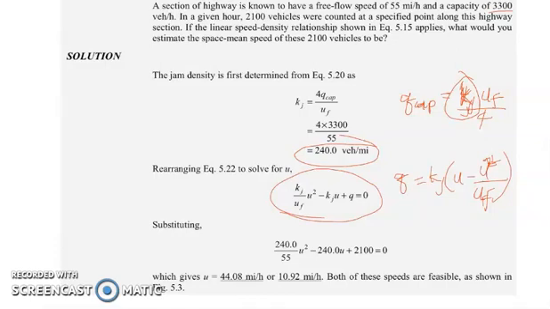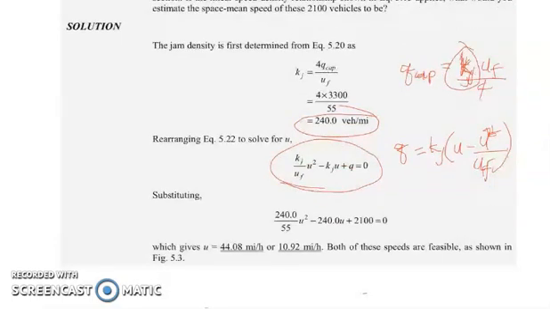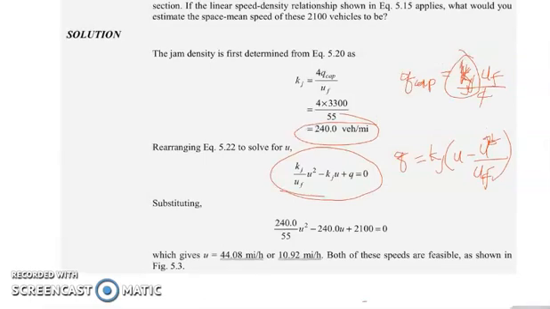For the speed, we substitute our kj, our jam density, which we computed as 240. Our u is unknown, of course, and our Q is given as 2,100, our 2,100 vehicles in an hour. So we now have the value for our Q.